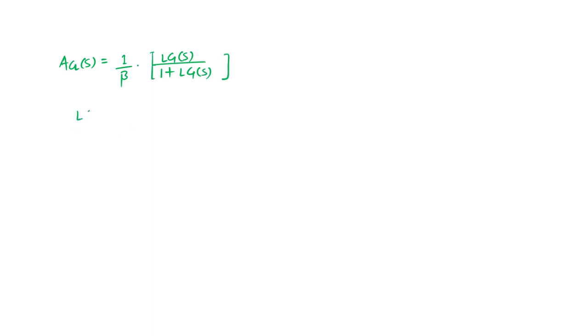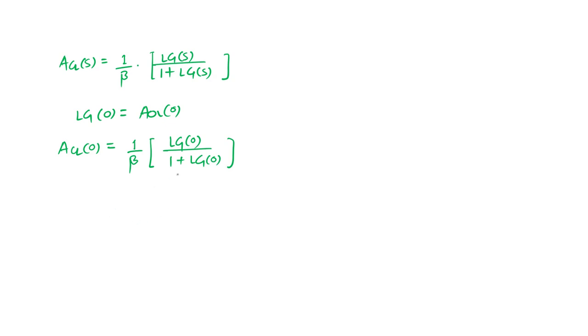The DC value of the loop gain is nothing but beta times AOL(0). So the DC closed loop gain is nothing but 1 upon beta times DC loop gain divided by 1 plus DC loop gain.